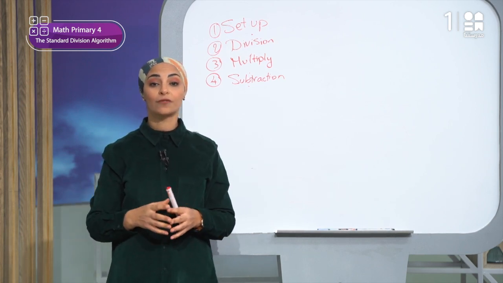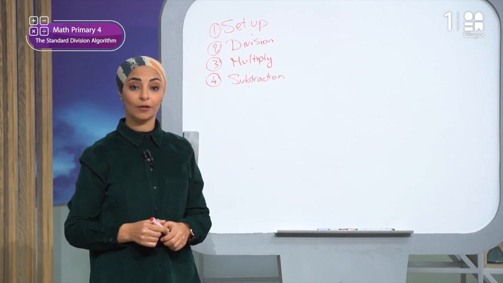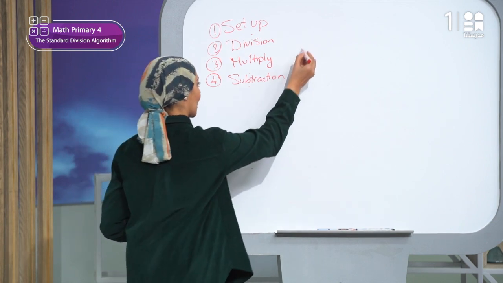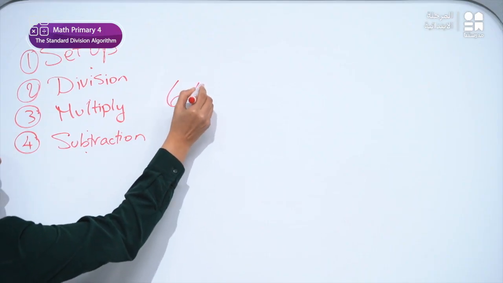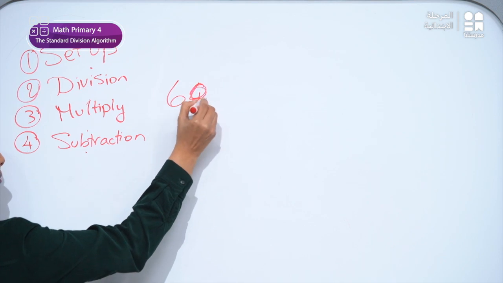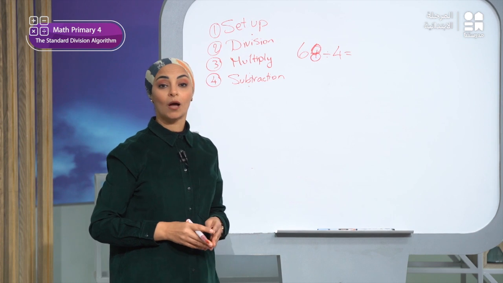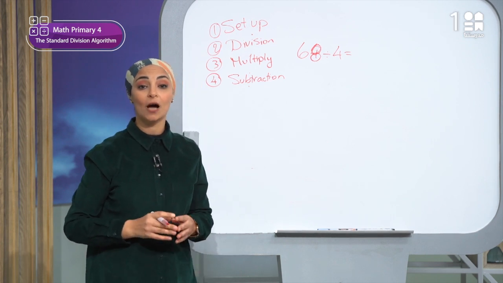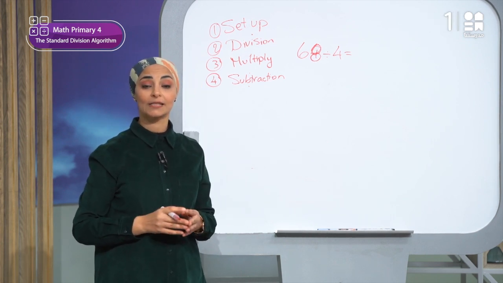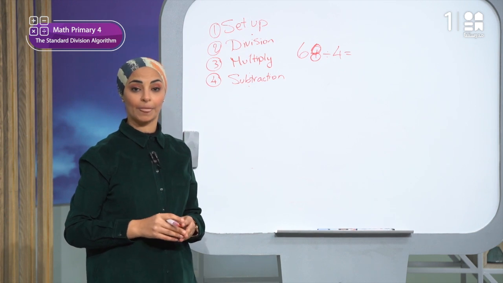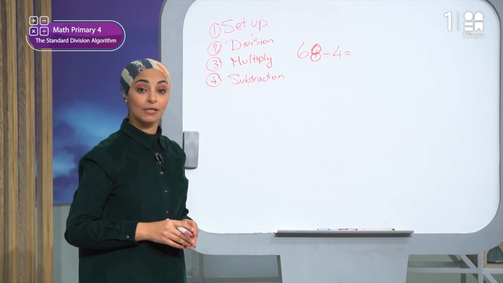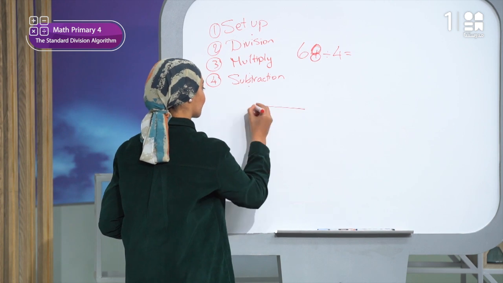Now I want to divide 68 divided by 4, right? Here I have 68 divided by 4. Okay, then what should I do? I will start by setting up the problem. I will write my problem using the standard form. I will draw the division symbol like you see here.